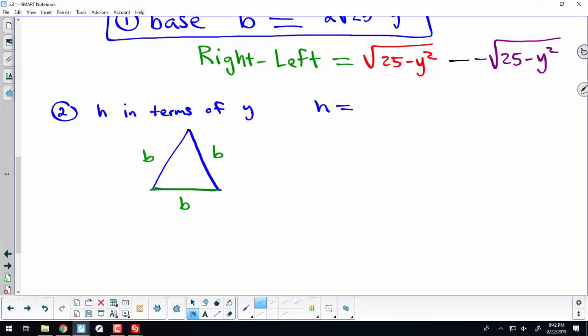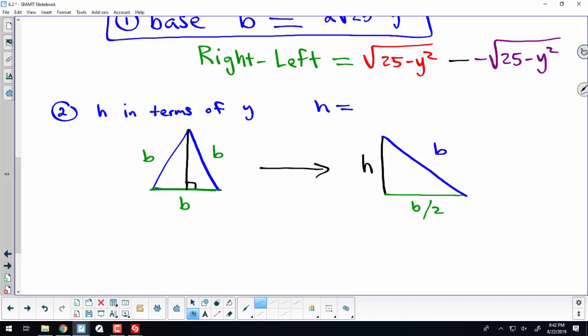But what we're going to do is drop this perpendicular bisector. And so we have this length still being b. This length now is half of what it was. And here's what we're trying to find. What is that height?